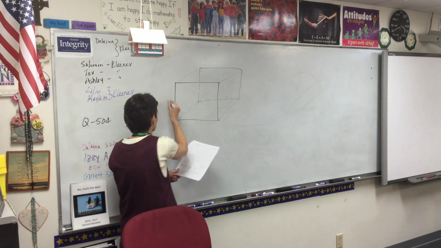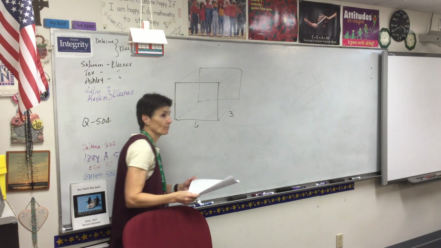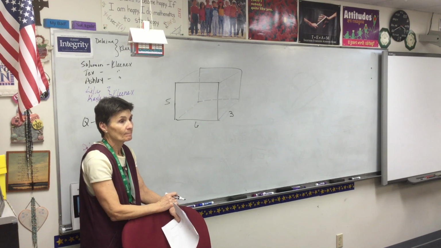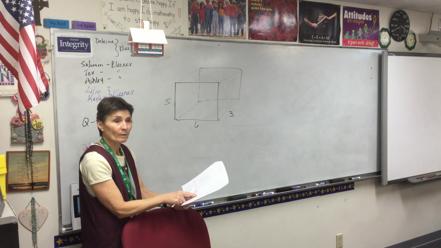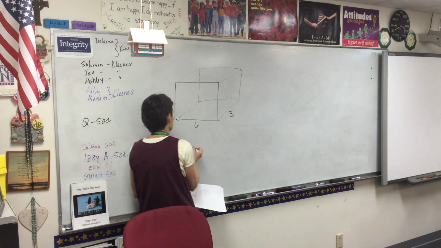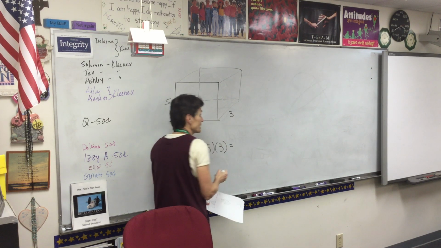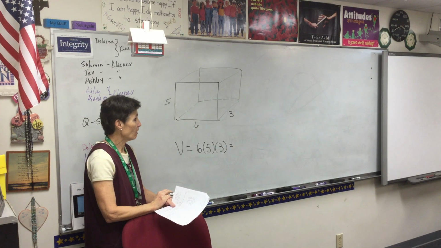And you're going to find the volume of the box. Does anybody remember how to find the volume of a box? Length times width times height. So the volume for a rectangular solid is length times width times height. Does it make any difference which one you call which? No, we're not going to get all hung up on that.